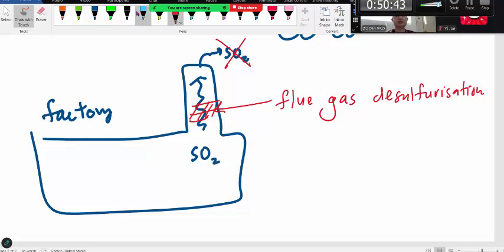Flue gas desulfurization uses calcium oxide or calcium carbonate because this one is base and this one is acidic. So will it neutralize each other? Yes, it will.